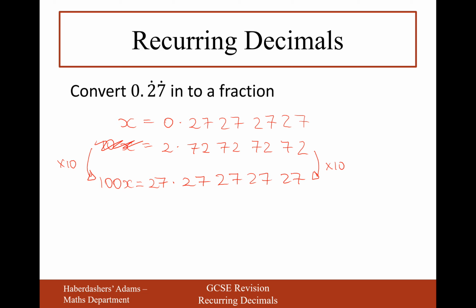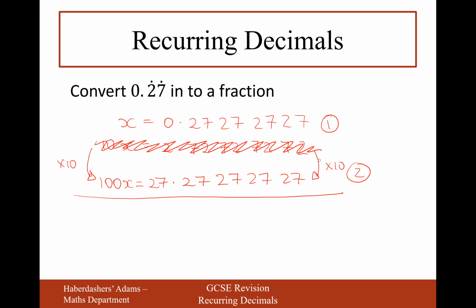And now we effectively don't need this middle bit. We just need this to be statement number 1 and this to be statement number 2. Because you can see the digits in the decimal positions perfectly match up. So that when I do my subtracting, it's going to perfectly match up.